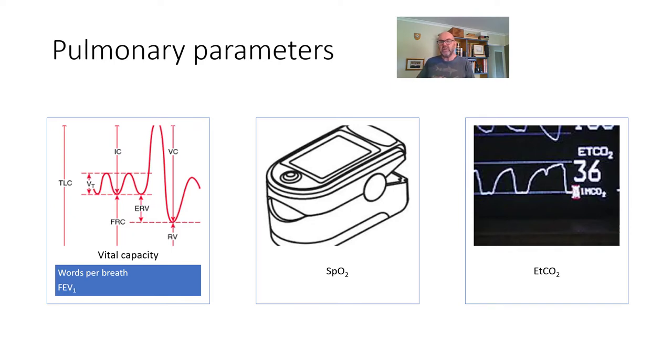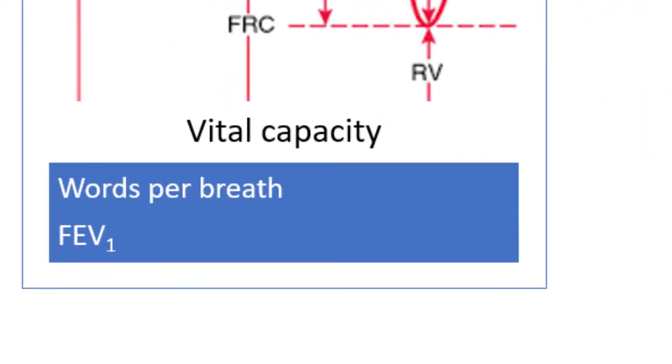Now, values below 50% of the expected norm indicate a severe reduction in this physiological reserve, and it's pretty indicative that respiratory failure, if it hasn't already occurred, is about to. In the absence of a peak expiratory flow meter, a valuable piece of information is knowing that the number of words someone can speak with a single breath correlates very closely to what their peak expiratory flow volume is.